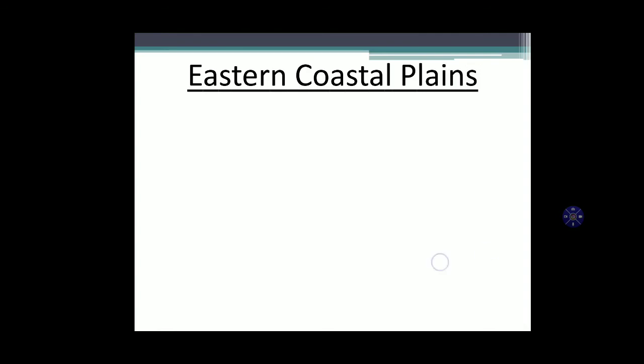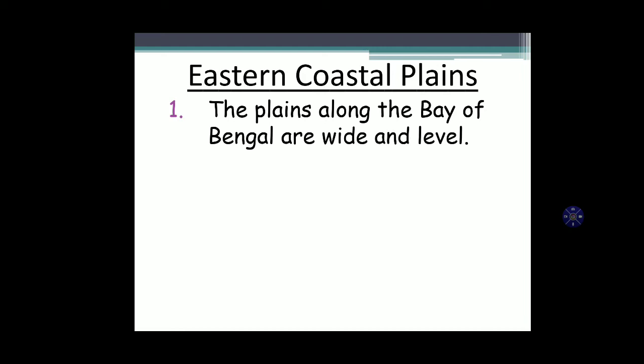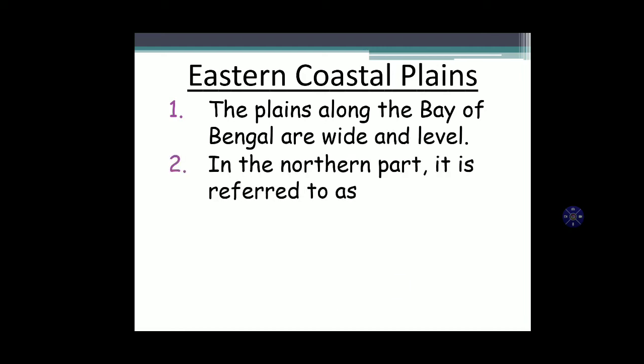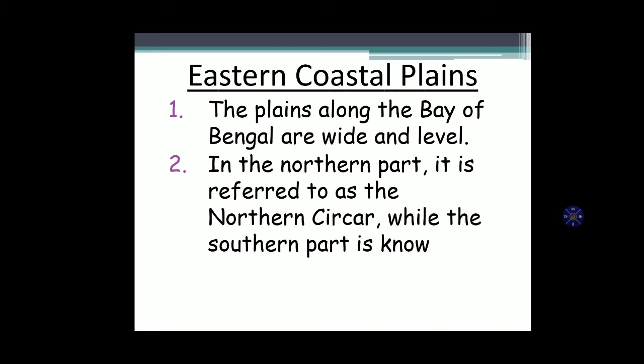Features of the eastern coastal plain: the plain along the Bay of Bengal is wide and level. The northern part is referred to as the Northern Circars, while the southern part is known as the Coromandel Coast. These all features I have already explained to you on the map.